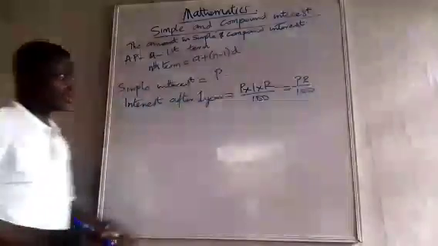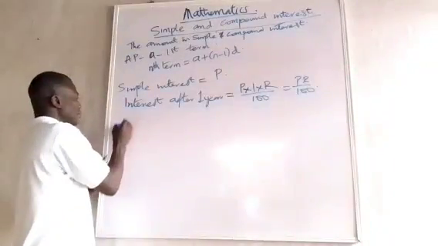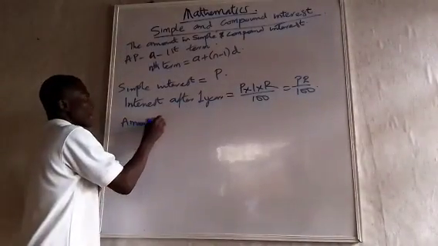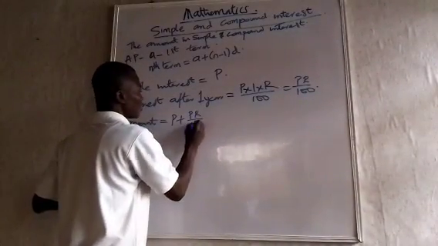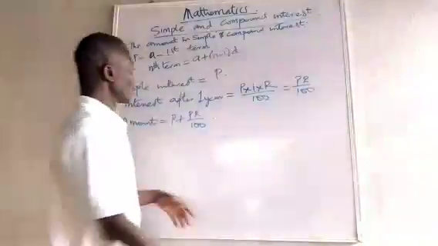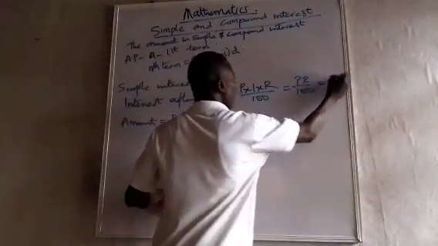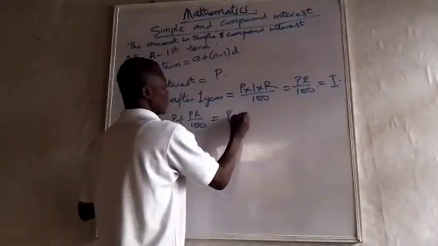So what does that mean? It means that after 1 year, the amount is equal to P plus PR over 100. Yes, we have said this one to be I, which is P plus I.